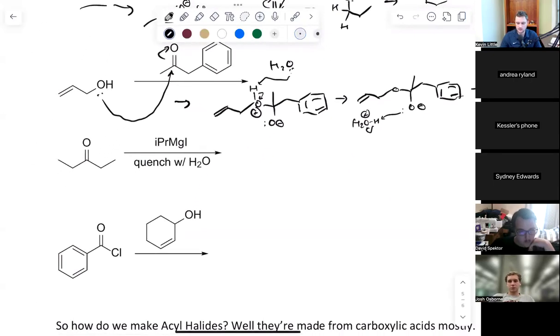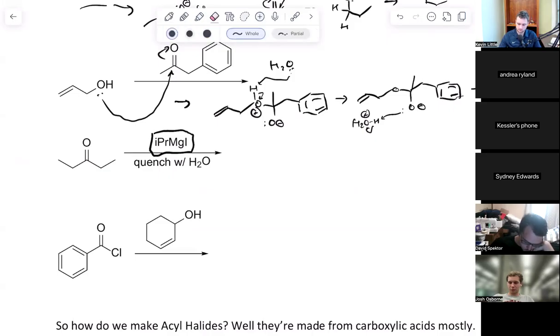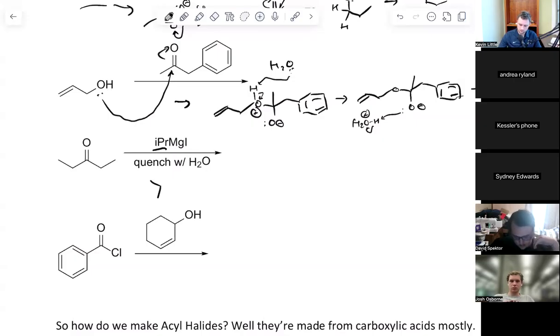All right, what the heck is this? What is this voodoo? What does IPR stand for? IPR is isopropyl. So isopropyl looks like this. And then MgI.